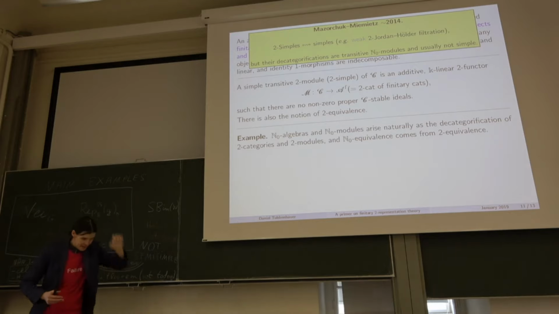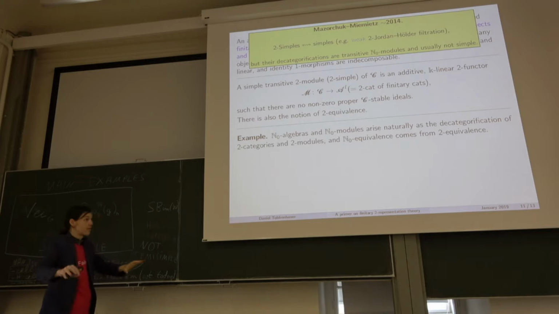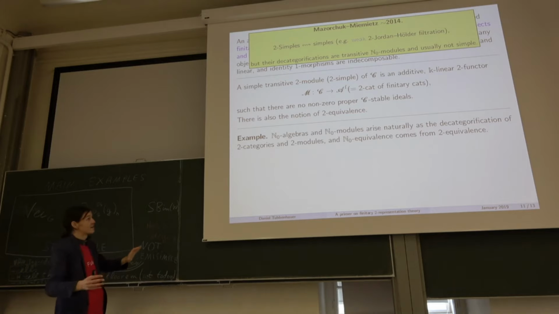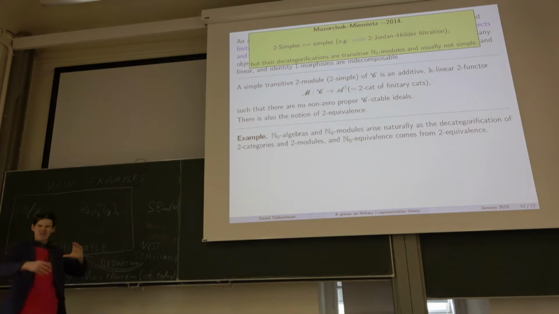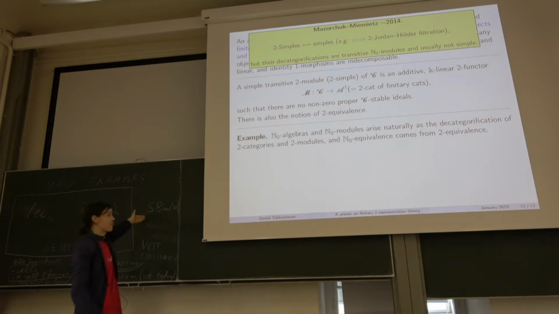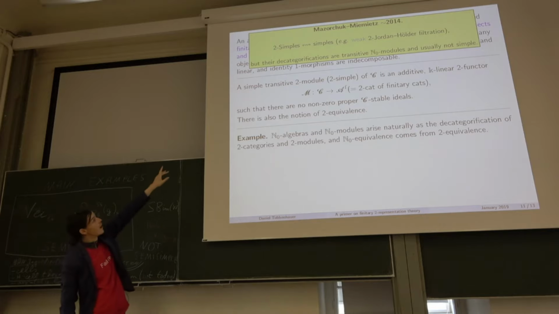I said again, you fix the category and you act on something with projective functors. And you're looking for some nice categories where you don't have any stable ideals. And those are the two simples, right? You're basically trying to classify projective functors if you want to classify two simple modules. That's why it is so hard for some special cases. So this is basically category O if you want.